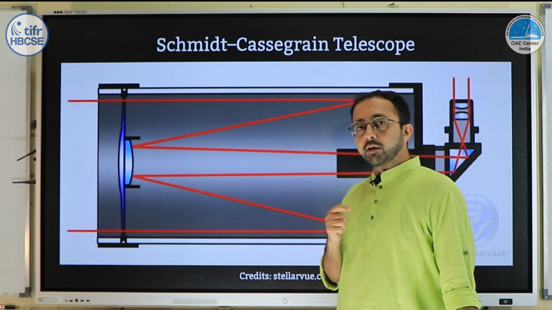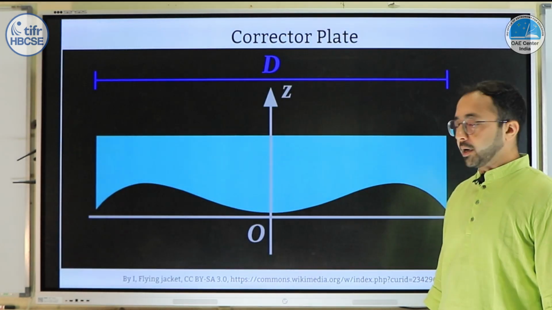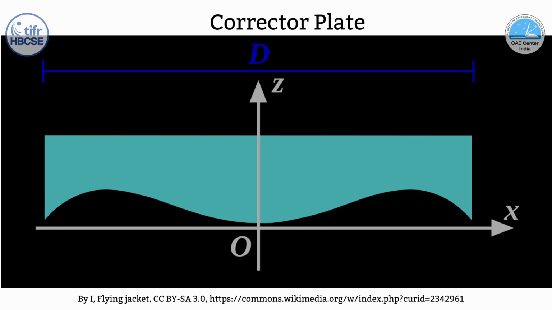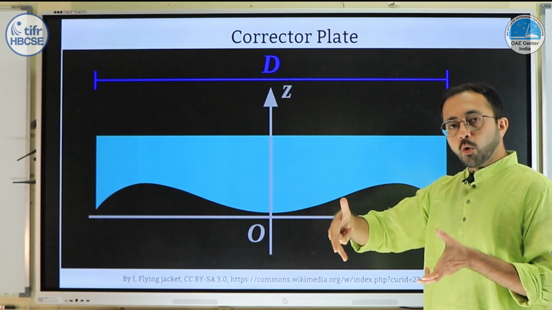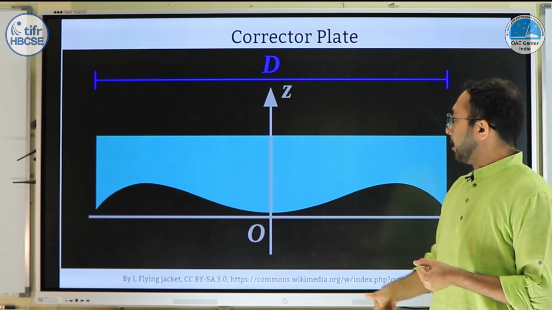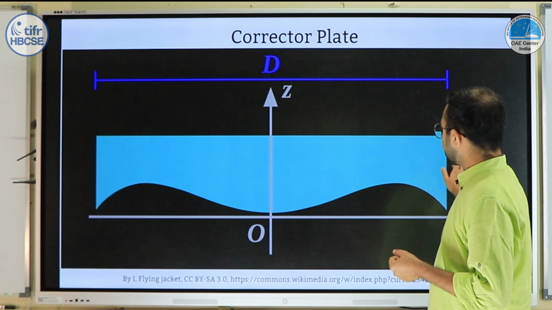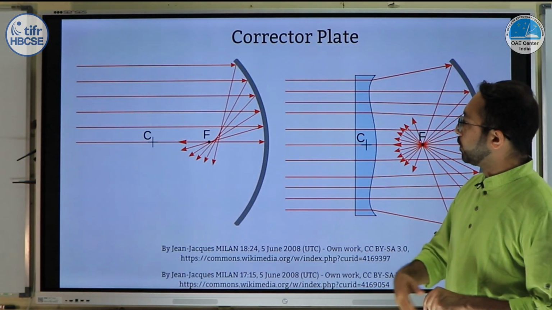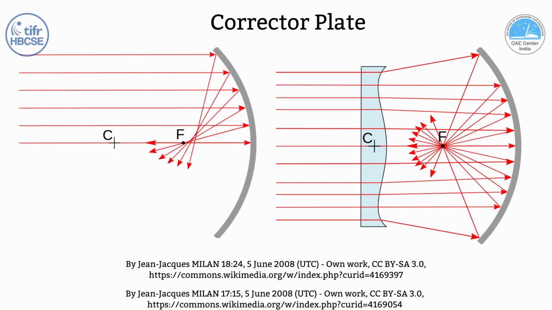And the important use of the correcting plate is to correct spherical aberration. So, you have a Schmidt correcting plate something like this, which is fixed at the opening of the tube of the telescope, on which sometimes you have the secondary mirror attached, and with the help of this plate, if you have a spherical aberration, it will slightly deflect the rays and make sure that the spherical aberration is removed.